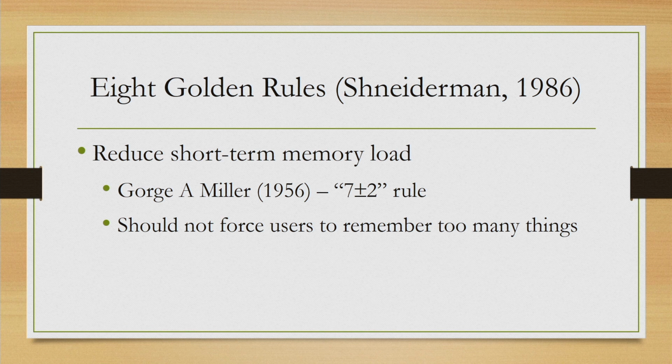What it states is that our memory contains broadly two components, long term memory and short term memory. In the short term memory, at a time we can hold between 5 to 9 chunks of information, 7 plus minus 2: 7 plus 2 is 9, 7 minus 2 is 5. A chunk of information is a unit.